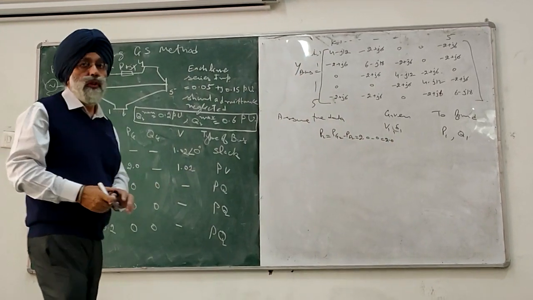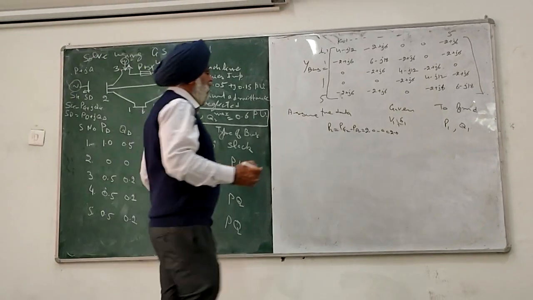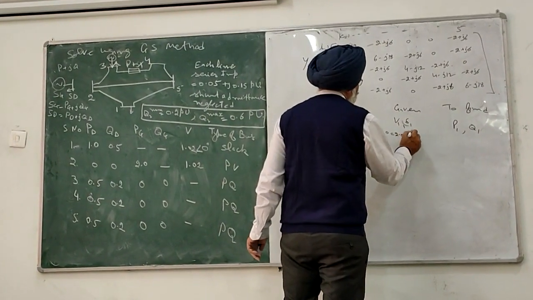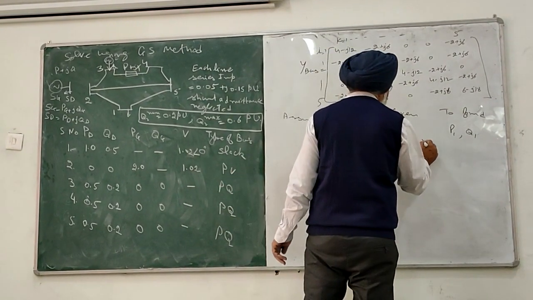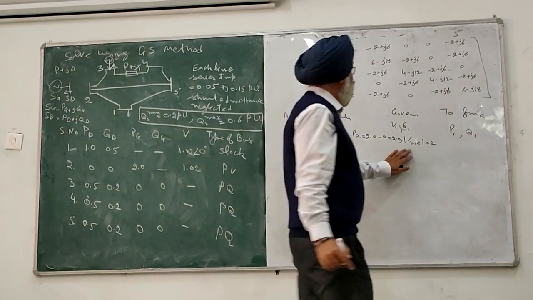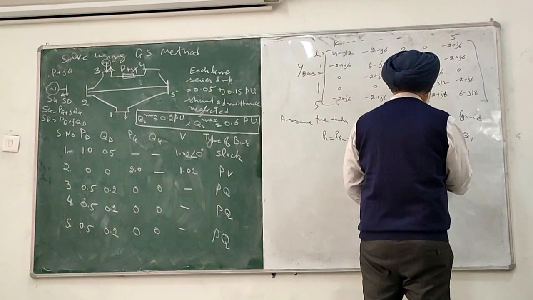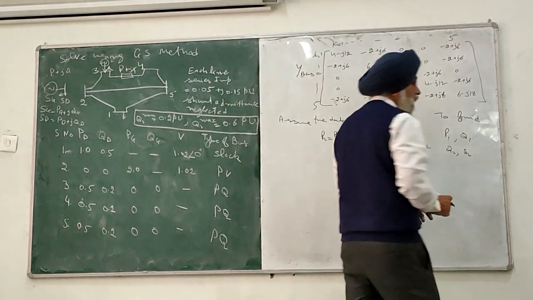And the V magnitude is given: V2 is 1.02. So we have to find Q2 and delta 2.